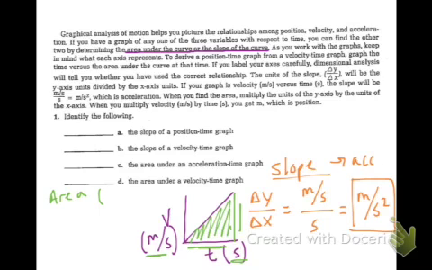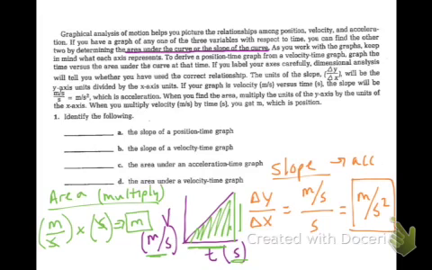Or if it's a rectangle or a square, we would do length times width. So that means that we would multiply our units. If we multiply our units together, we get meters per second times seconds. Cross off our seconds, and we're left with our units of meters.